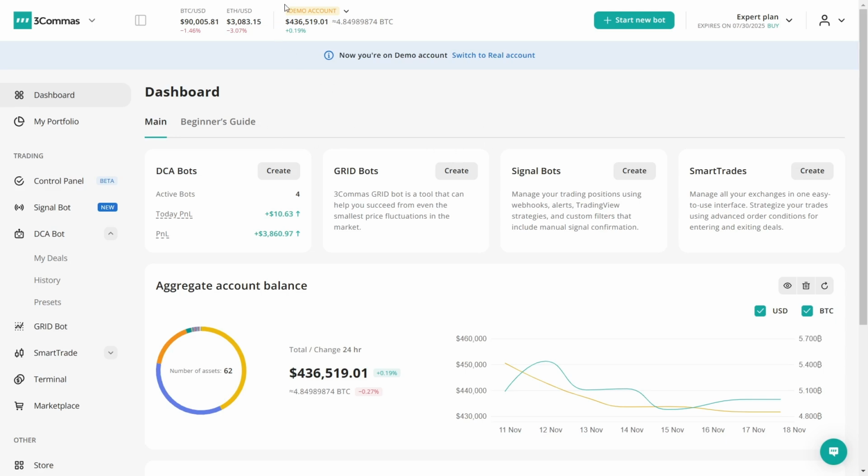Since I'm going to use a demo account, it's like I'm using my Binance account, okay? And it's virtual, but it works like Binance, so it has the same symbols, the same settings you may have for trading on Binance. But of course, most of the other exchanges are very similar.